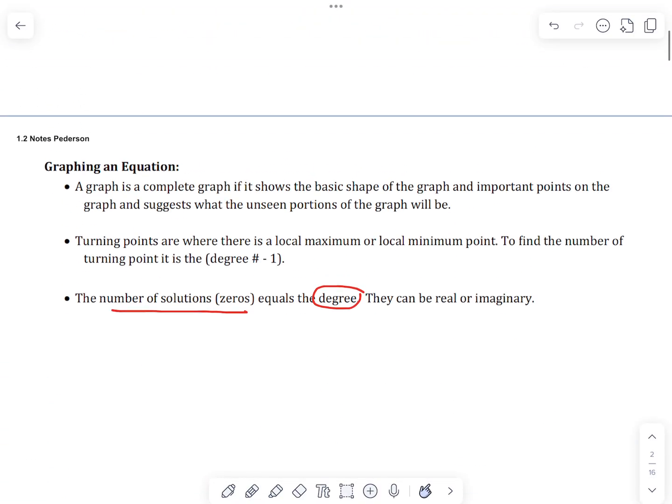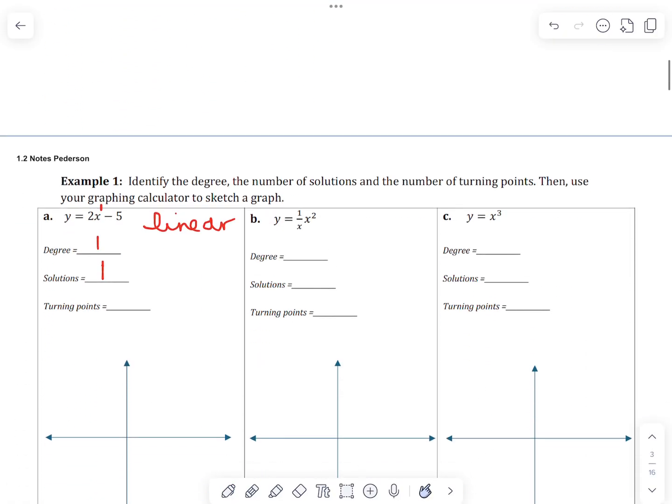The number of turning points is always 1 less than the degree. So since the degree is 1, 1 minus 1, so we'll have 0 turning points.